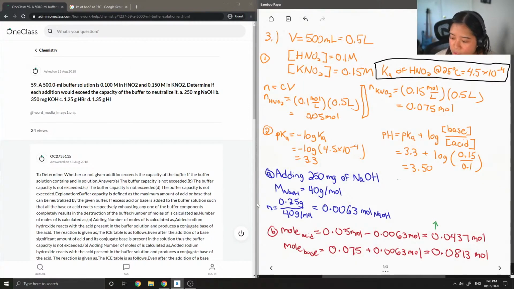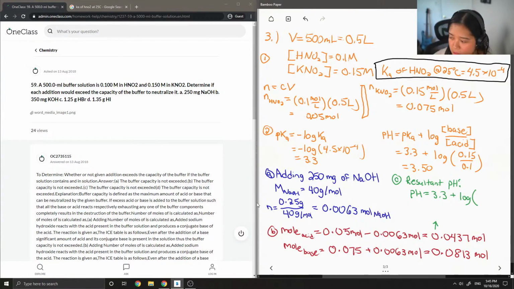Just going to fit the last step up here, where you find out the resultant pH. Just by using that same equation, pH equals the 3.3 plus log, and then this time we're going to plug in our mole values.